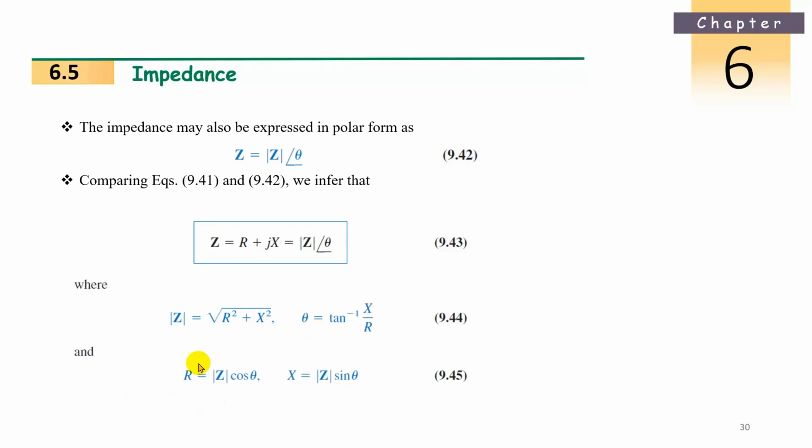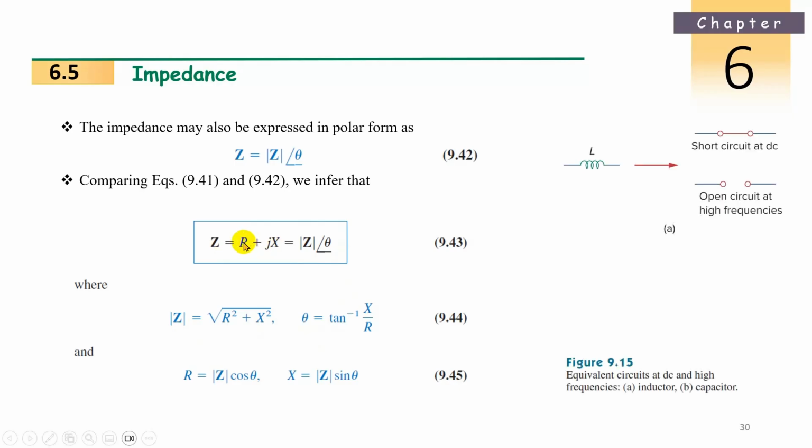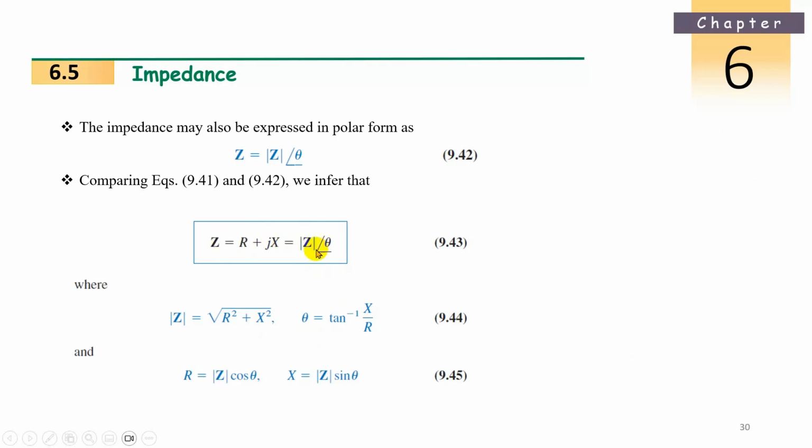Now if we have the polar form, Z and theta, and I want to find R and X, sometimes it is given in polar form, so you have to convert it into rectangular form.